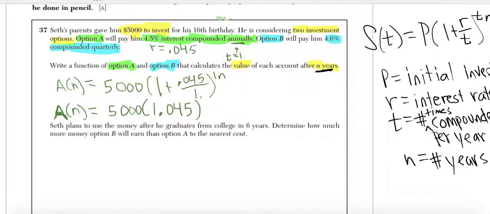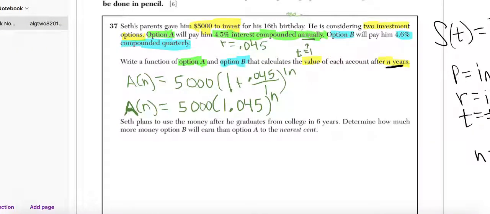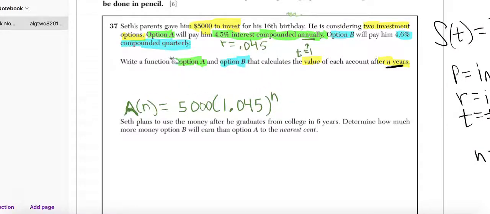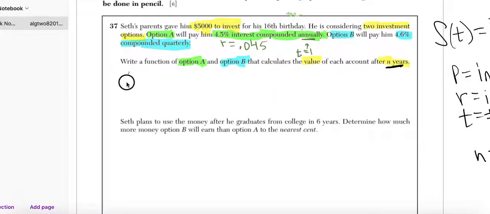And in the exponent, 1 times n is just n. So instead, we could just have used that formula when it's just once a year. Okay, so let's write that again. And we didn't have to go through all those steps, but I want you guys to see how it works for those of you who needed it. 5,000 times 1.045 to the n power.